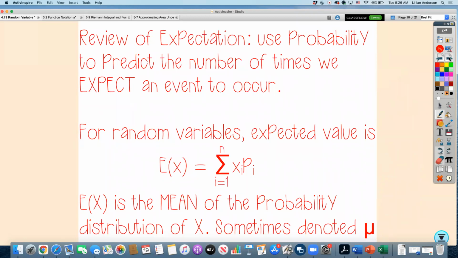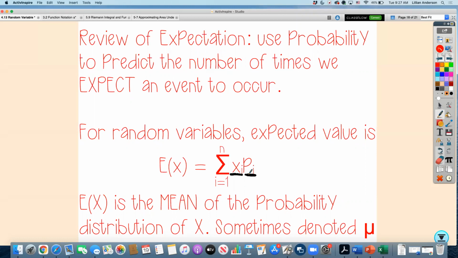So if I'm a 75% free throw shooter in basketball and I take 100 free throws, how many am I expected to make? 75. I'm only going to make 75 out of those 100, right? And you get that by multiplying your number by your probability.